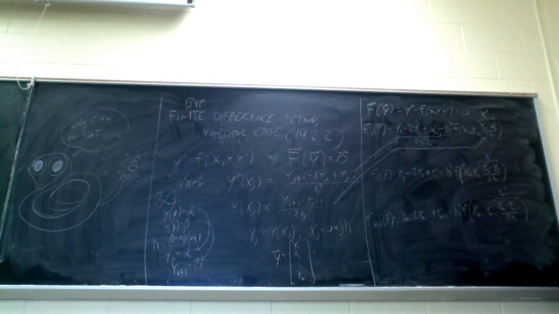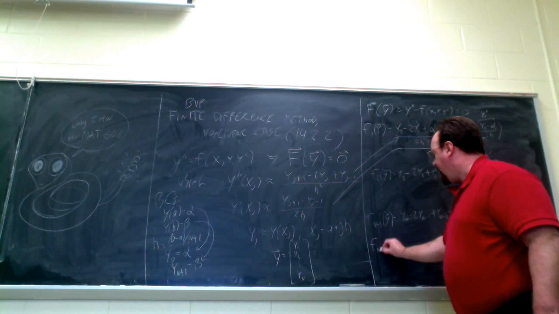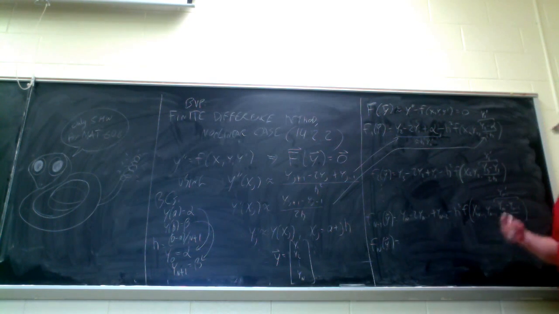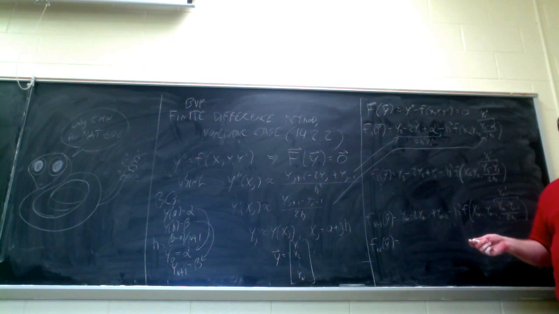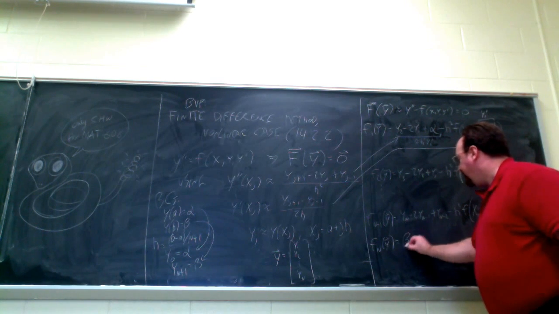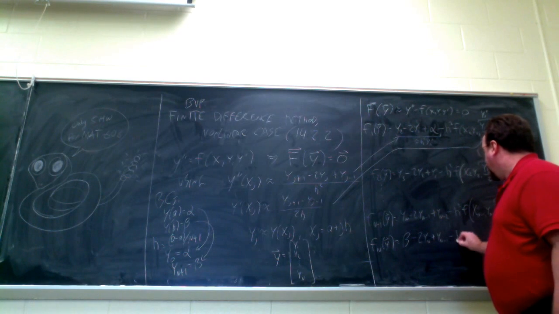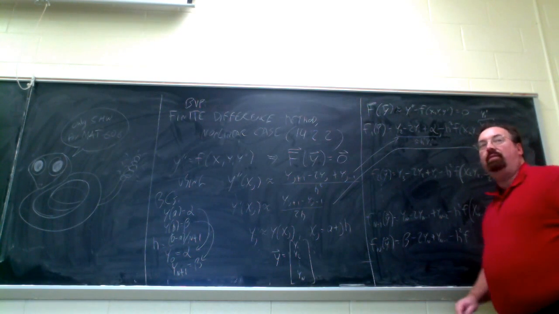And finally, fN, our last component. So we're going to have yN plus 1, which is beta. So our boundary value goes there, minus 2yN plus yN minus 1, minus h squared. Ooh, that's going to be bad.